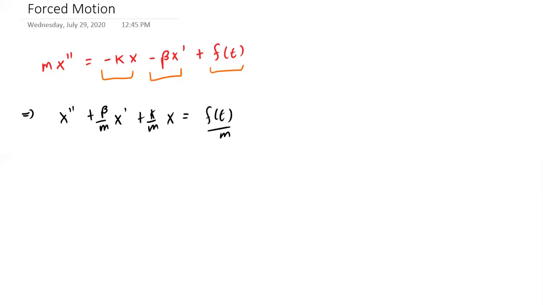Remember, we can divide by m because m is the mass, which is non-negative. I'm going to write it how they do it in the book. Remember, beta over m was 2 lambda. So 2 lambda x prime plus w squared x, where w was the square root of k over m, equals, and I'm just going to call this big F of t.